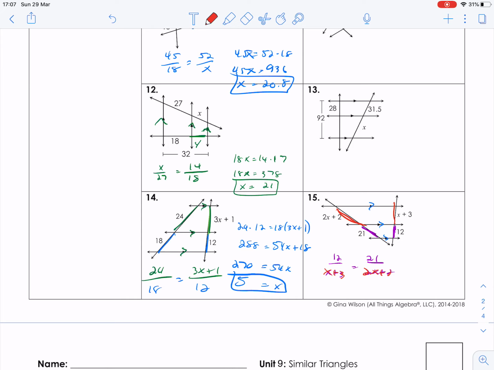Cross multiply, we get 12 times 2x plus 2 equals 21 times x plus 3. We get 24x plus 24 equals 21x plus 63. We get 3x equals 39, which means x equals 13. And we're done. Not too bad.